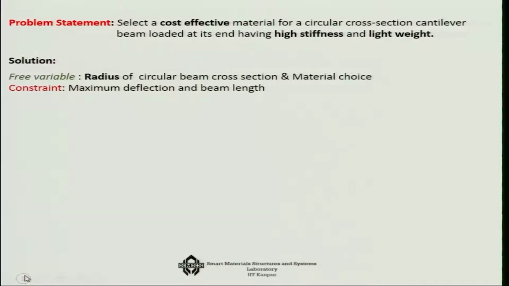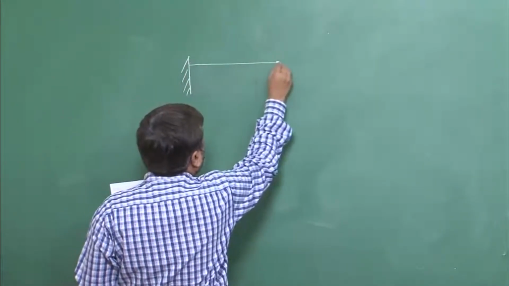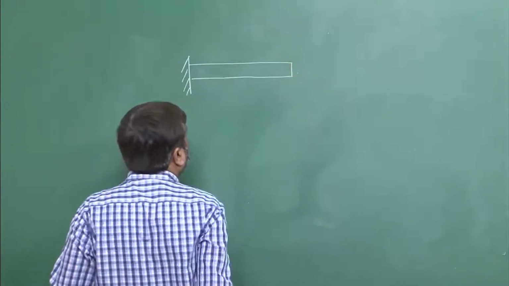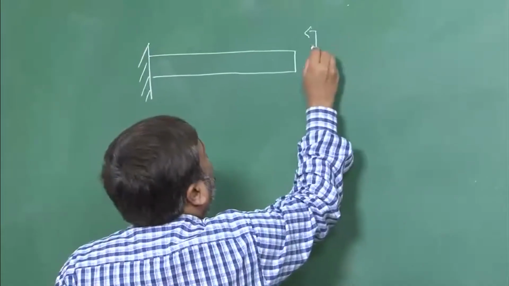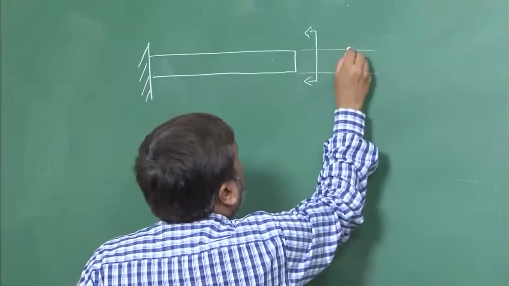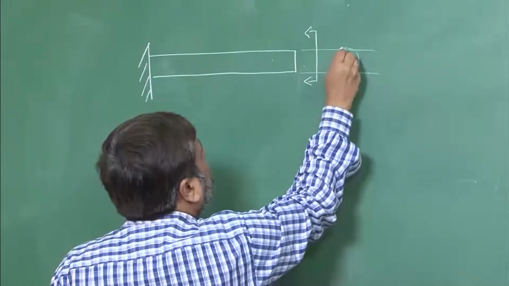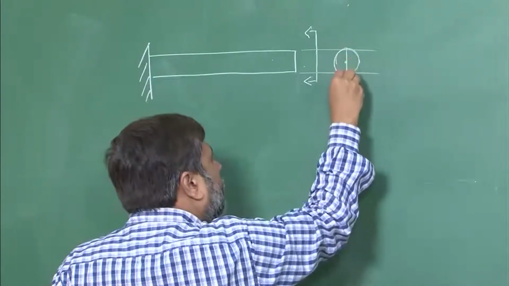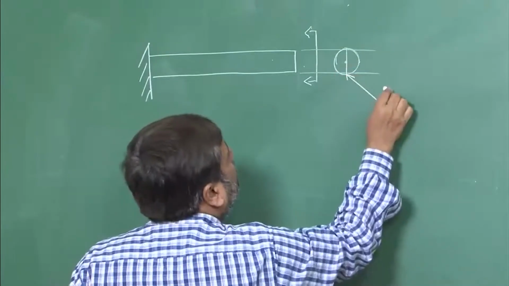To begin with, what is important for us is a circular cantilever beam. That means if I look at it from this direction, it is a circular cross section, and the diameter d of this circular cross section is a free variable.